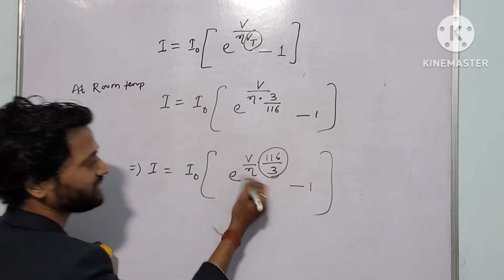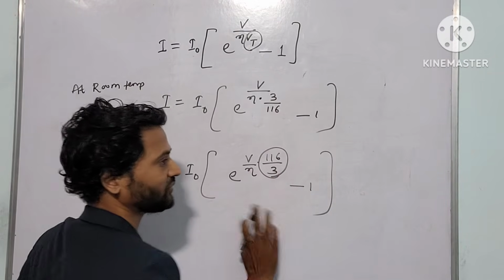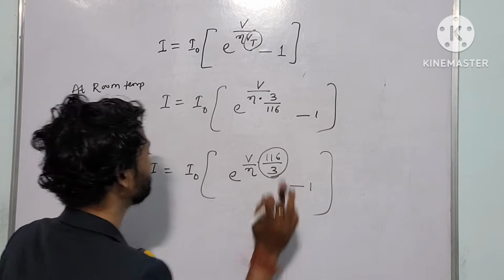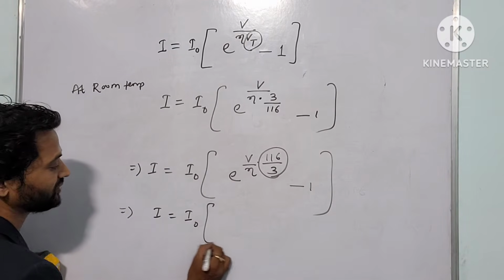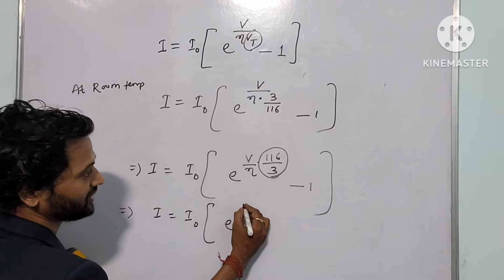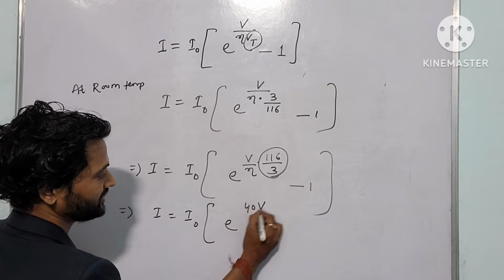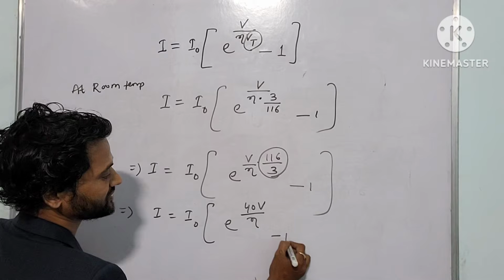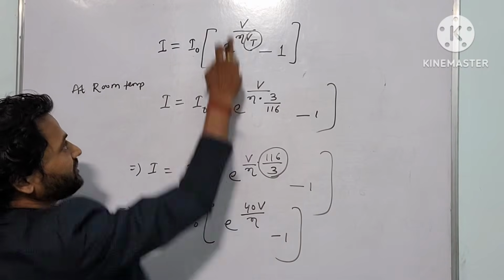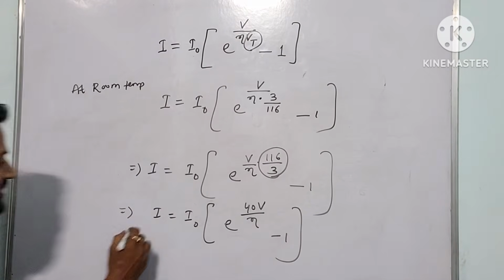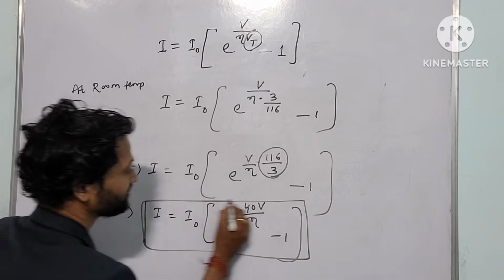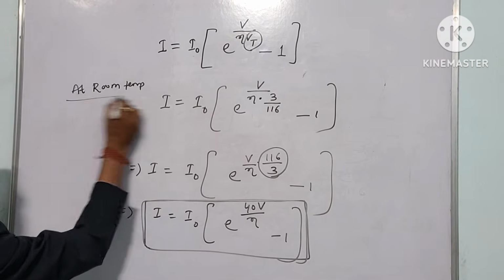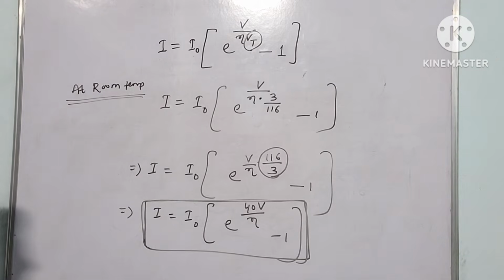So 116 by 3 is approximately 40, 39 point something. You take it 40. So the expression of I is I naught whole into e to the power 40v upon eta minus 1. ये v यूनिट नहीं है, v is the voltage. So ये हो गया आपका diode current in the forward bias condition at room temperature. It is clear?